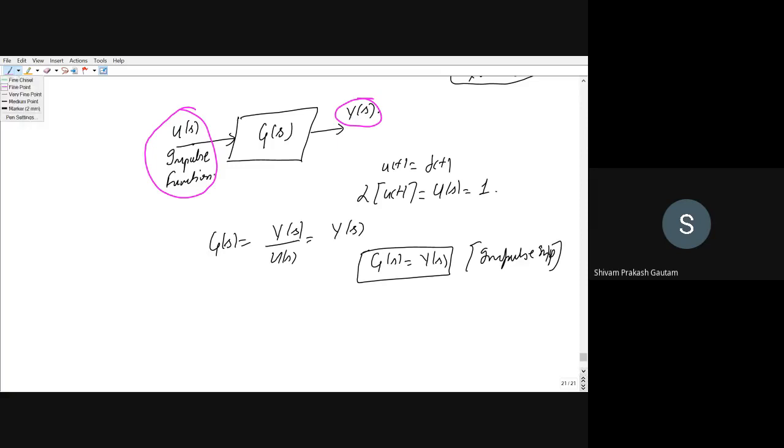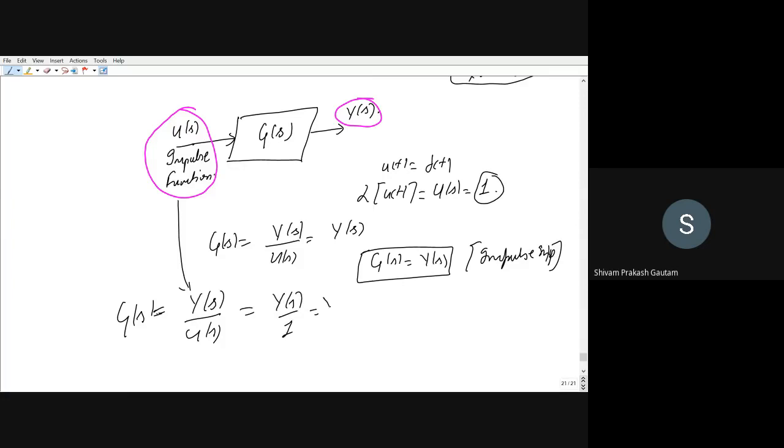Again, for those who have not understood: G of S, that is the transfer function, is written as output upon input, Y of S upon U of S. U of S in this case is the impulse function, and the Laplace transform of the impulse function is 1, which we have known. So G of S will be equal to Y of S upon 1, which is simply equal to Y of S. So G of S is equal to Y of S for impulse input.